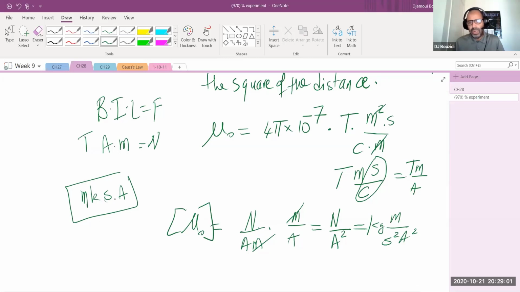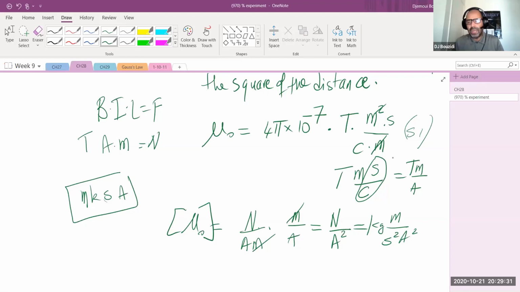Most of the time I put SI in here, honestly, because if everything is in SI, distance is in meters, time is in seconds, mass is in kilogram, currents are in ampere, charges are in Coulomb, forces are in Newton, pressure is in Pascal, everything is in SI. This guy will be in SI.